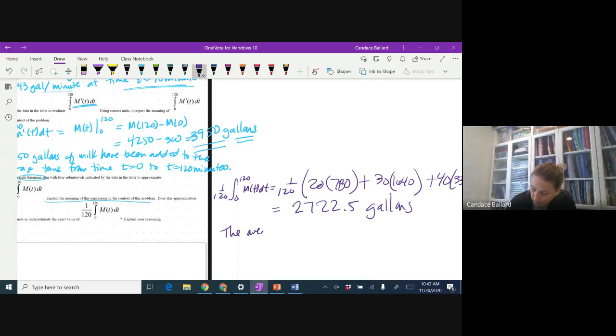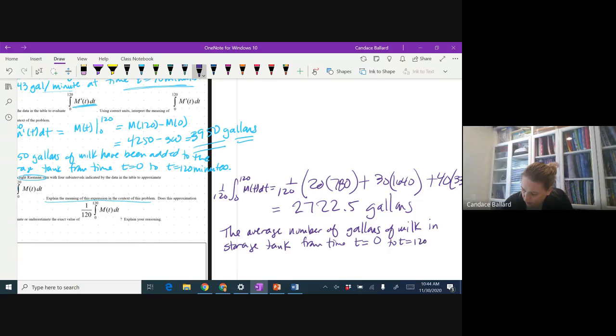So the average number of gallons of milk, so this is kind of the noun part, in the storage tank from time t equals 0 to t equals 120 minutes is approximately, because we don't know exact, this was an estimate, 2,722.5 gallons.